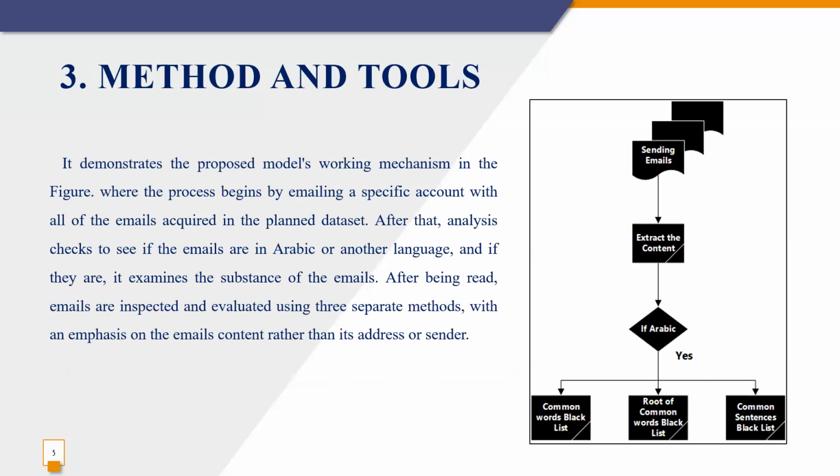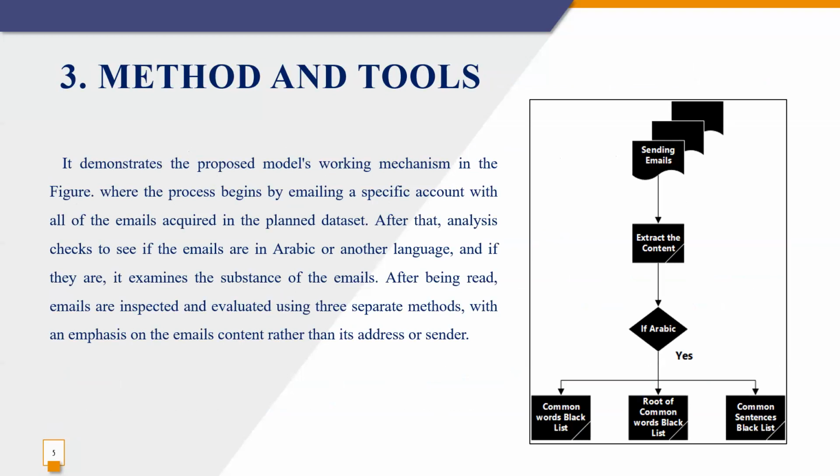Number three, method and tools. The figure demonstrates the proposed model's working mechanism, where the process begins by emailing a specific account with all of the emails in the planned dataset.